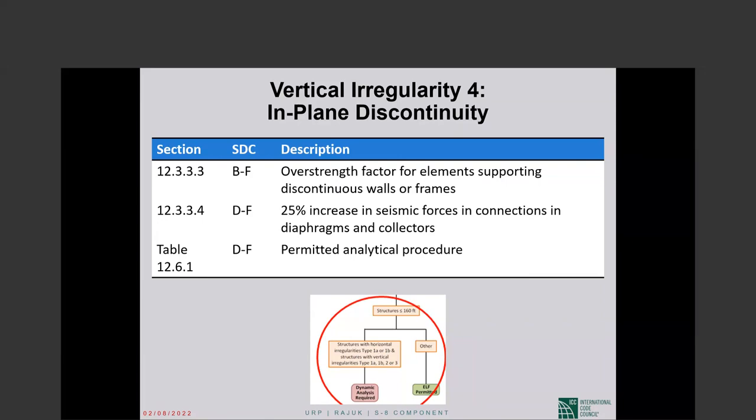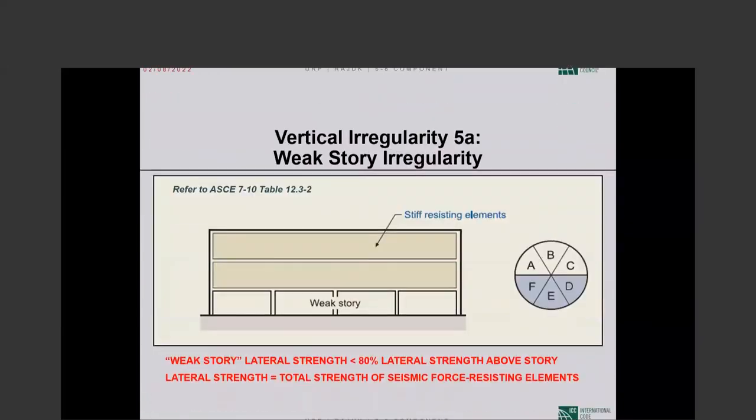And then the permitted analytical procedure: actually, type 4 is not one of the bad irregularities. So when you go to this table, it will require dynamic analysis only for the taller buildings exceeding 160 feet in height. Or the table will tell you that you can do the equivalent lateral force procedure.